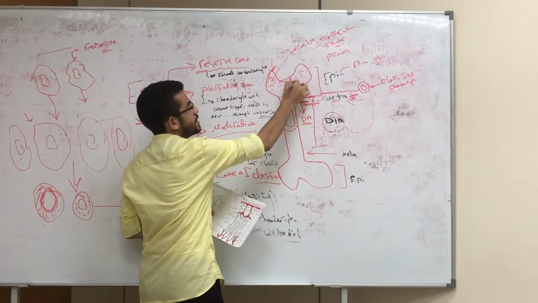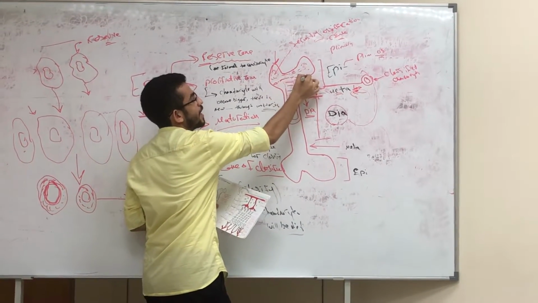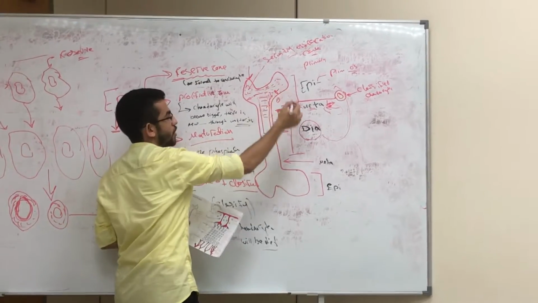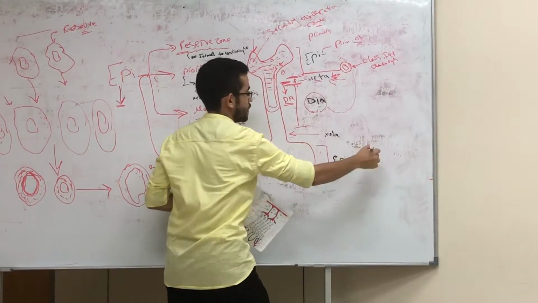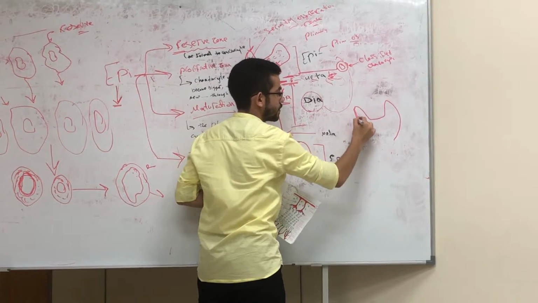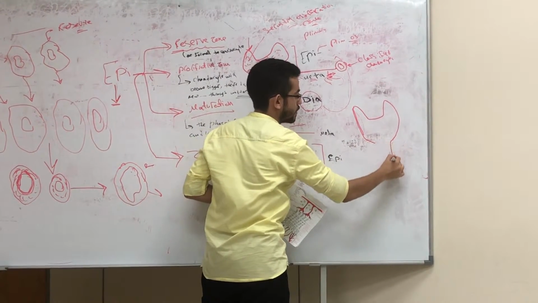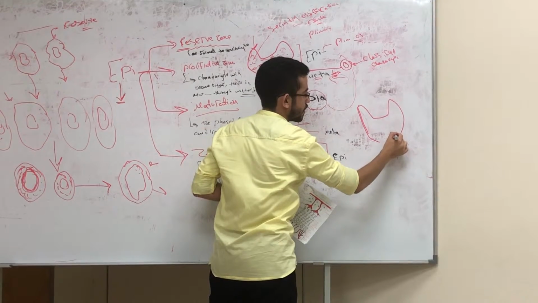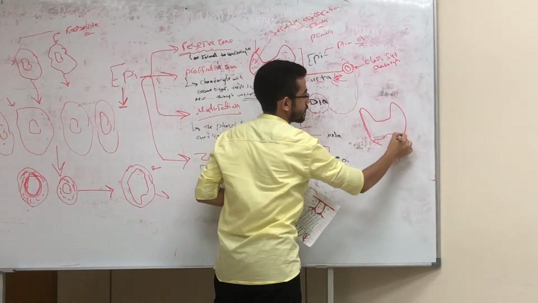This epiphysis is like a line. It's like a cartilage. Let's make this here our bone head, and this is our epiphysis.